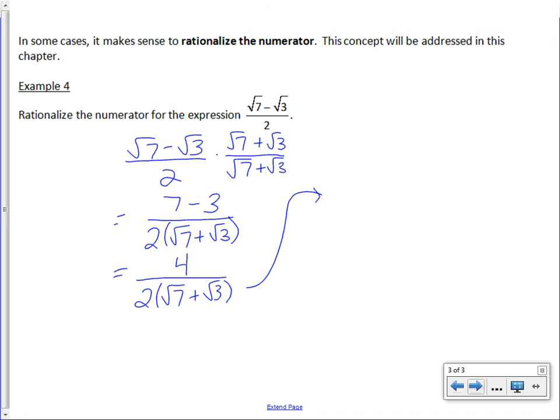That's the key. That's when you're allowed to cancel. When things are multiplied, you're allowed to cancel. So 4 divided by 2, you're left with 2 over 1, if you will. Okay? So you have 2 over root 7 plus root 3. Okay? Any questions?